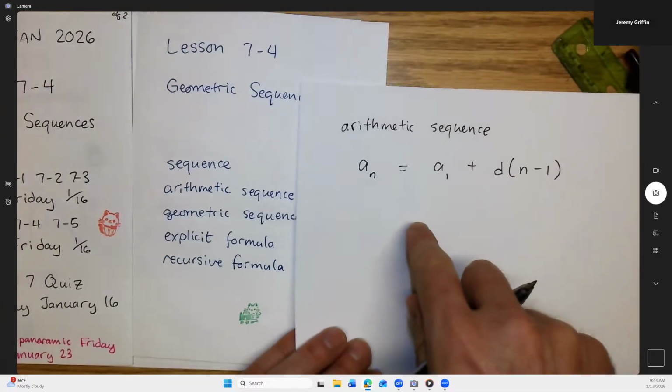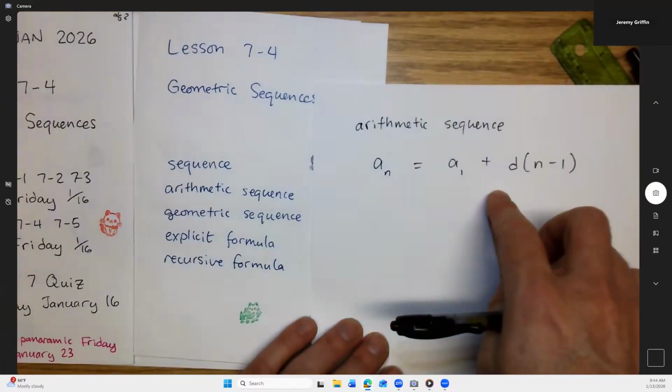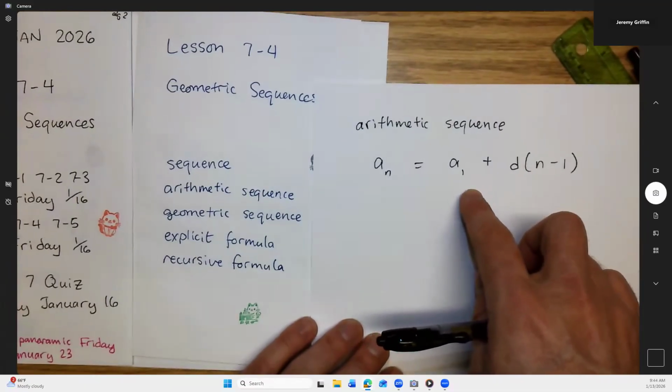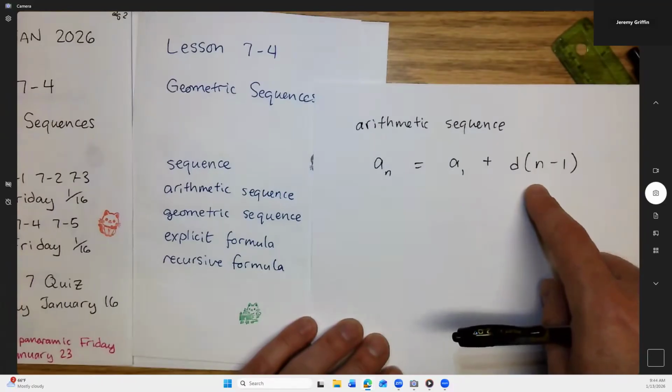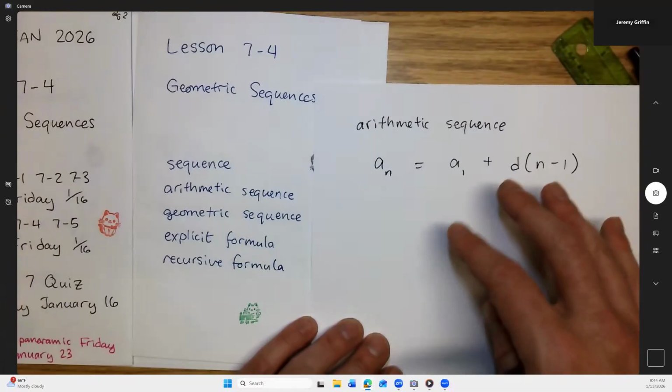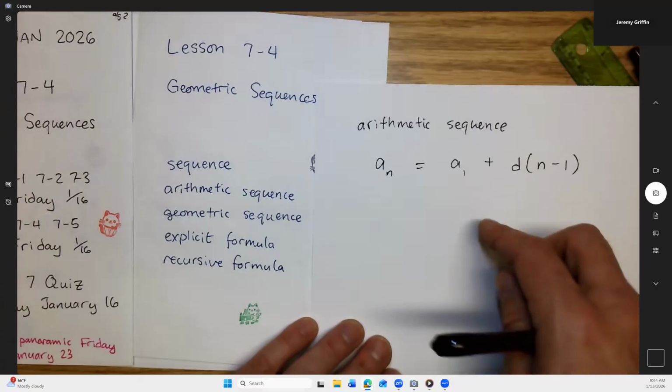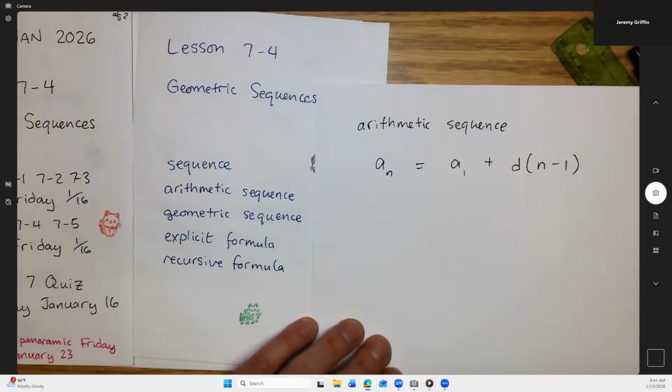And this is a lot like y equals mx plus b, but shifted a little bit. This was discrete rather than continuous. So it's a lot like linear equations, but a little bit different.